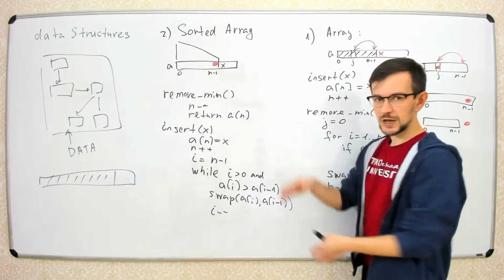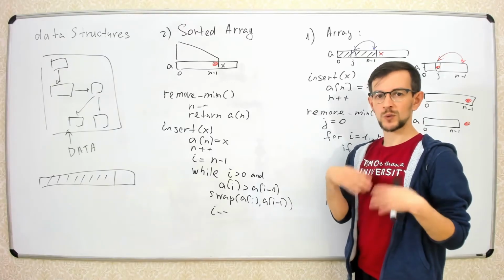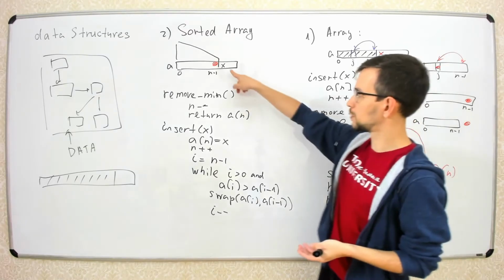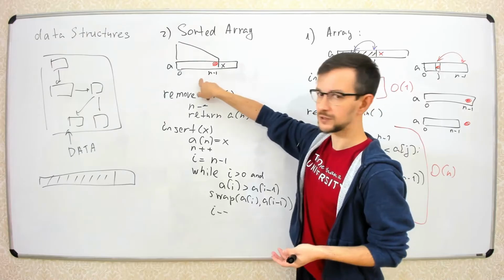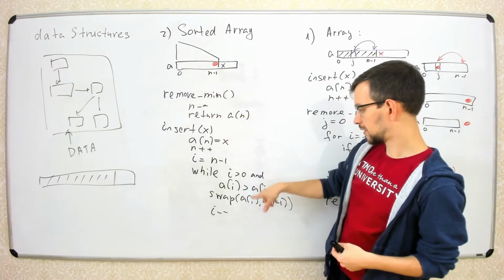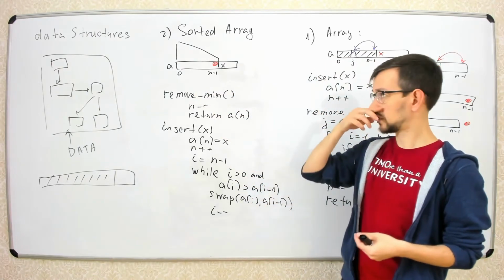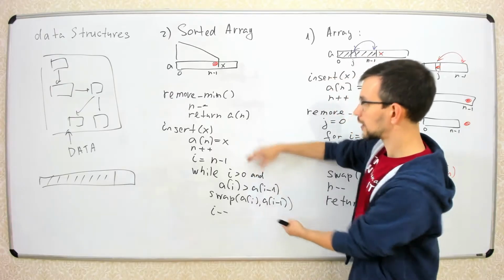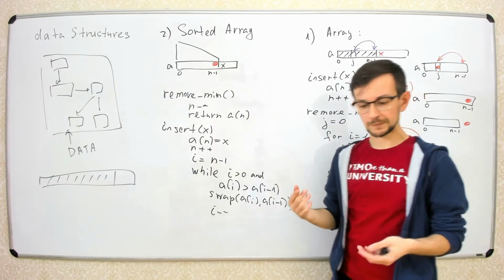Again, this procedure is the same as we used in the previous lecture with insertion sort. We put the new element and then move it to the left until we reach an element that is greater than this element. So after this while, the array will remain sorted.